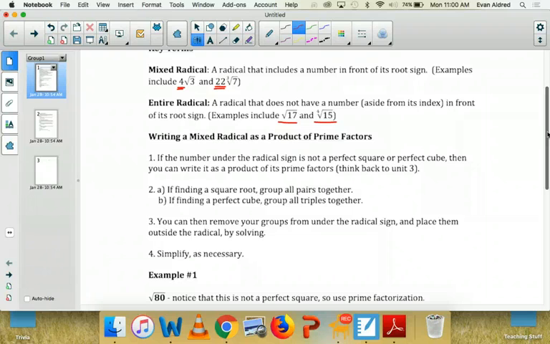Step 3, we're going to remove our groups from under the radical sign and place them outside the radical by solving. That seems a little bit vague just through reading the words, but when you see what that means when we do some examples, it should make sense to you. And then step 4 is to simplify, as it typically is.